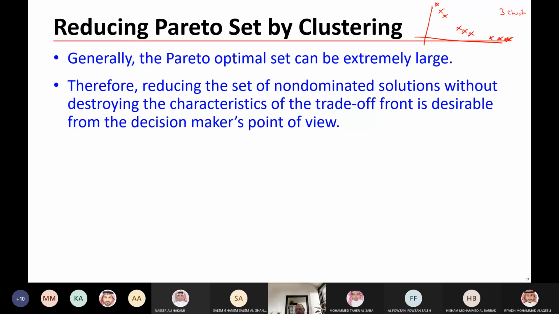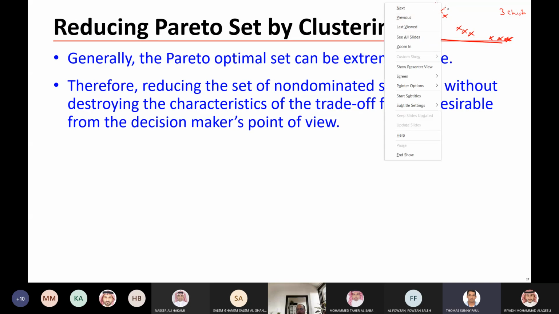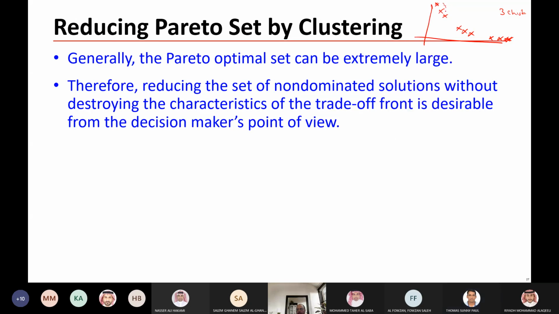This is just for an illustrative example. Those nearby points can be grouped together. Nearest point. Yeah, the 3 are together and the next 3 are together. You can measure the distance here.